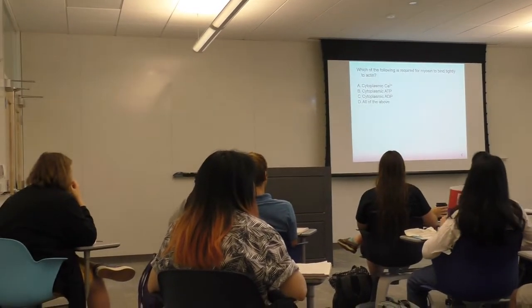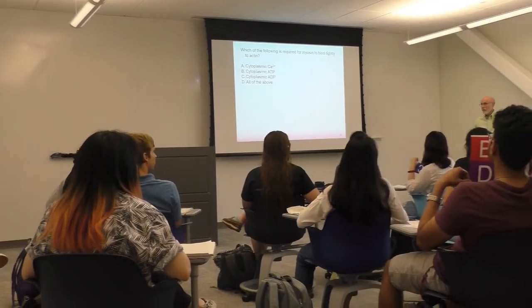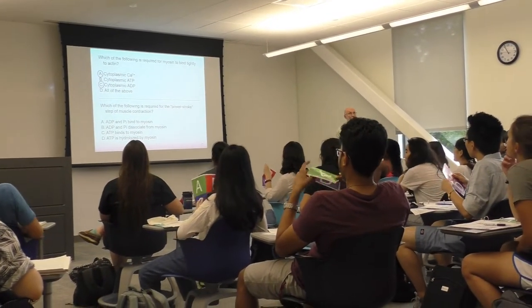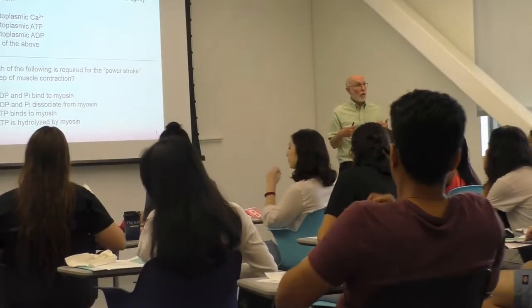Okay, so this is pretty hard, just based on the number of correct answers that I'm seeing. It's A and C. Both A and C are good. So calcium is required. Why? To move the troponin and the tropomyosin out of the way, because otherwise myosin can't bind to actin.